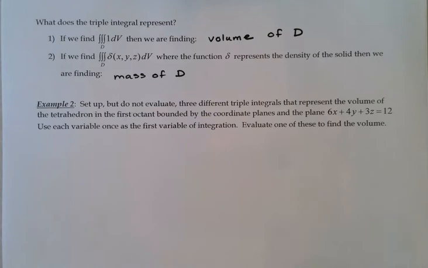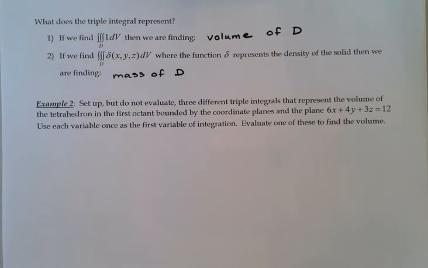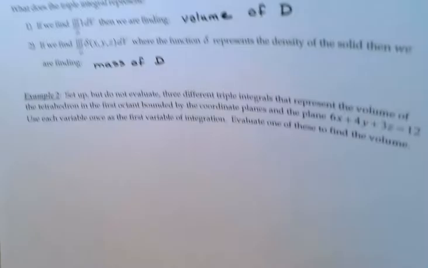And I'd like to do this volume problem 3 different ways. We're going to create 3 different triple integrals that represent the same volume. We'll choose to do dx first once, dy first once, and dz first once, just to help you make a little bit more explicit some of that theory that we looked at in the chart on the previous page.